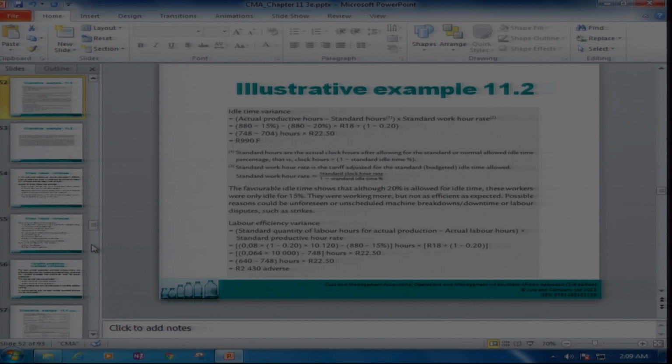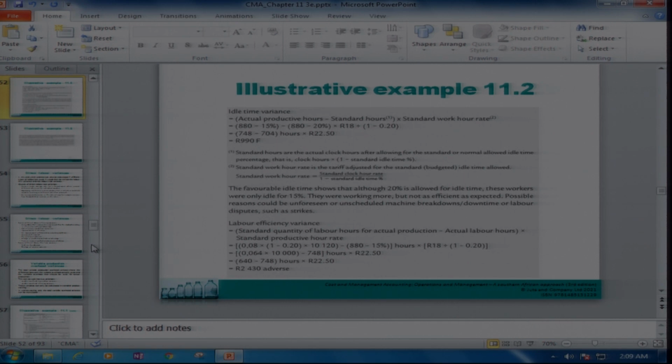Based on the actual hours, we used 880 hours, less 15% of the idle time. It means you could be productive for 748. And then the rate, again, we took into account the idle time of the 20%. So we'll then say 640 hours minus 748 hours multiplied by 22 rand 50.